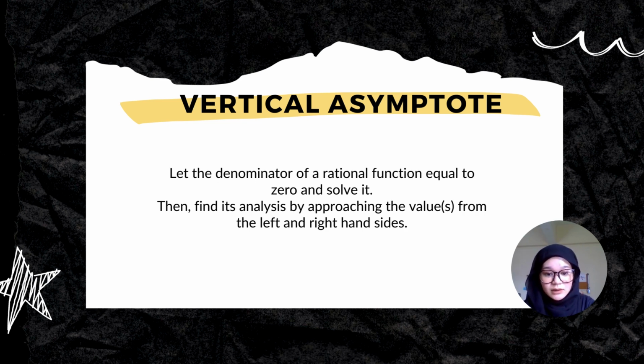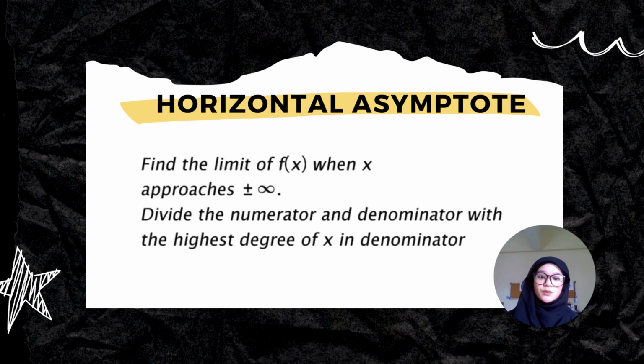Then find its behavior by approaching the values from the left and right hand side. For the horizontal asymptote, find the limit of f(x) when x approaches plus or minus infinity. Divide the numerator and denominator by the highest degree of x in the denominator.